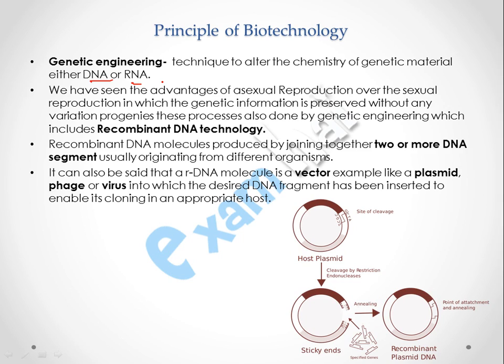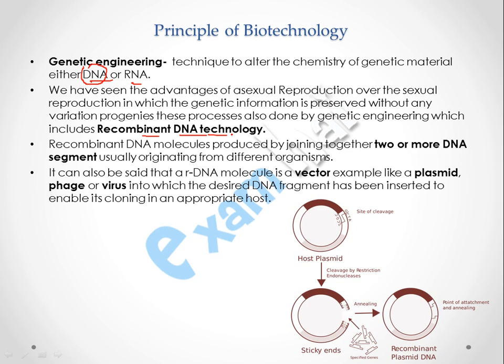So if we alter its configuration, if we alter its chemistry, then that alteration is done by the technique which is called genetic engineering. Okay, so we have seen the advantage of asexual reproduction over sexual reproduction, in which genetic information is preserved in the progenies without any variation. These processes are also done by genetic engineering, which includes recombinant DNA technology.